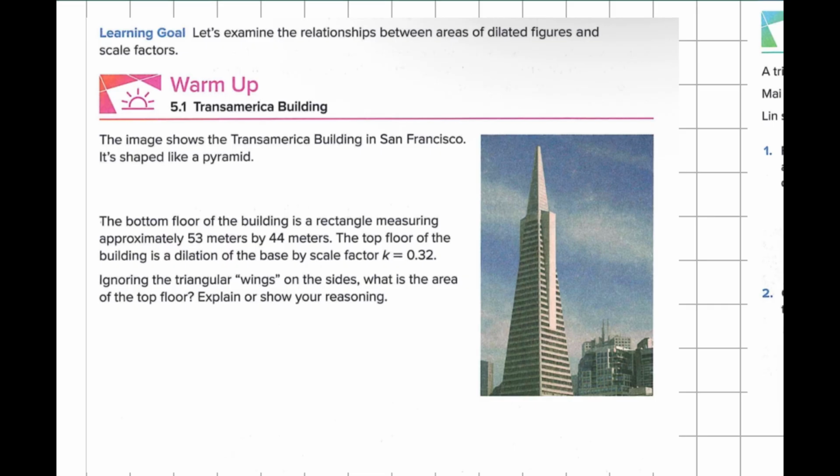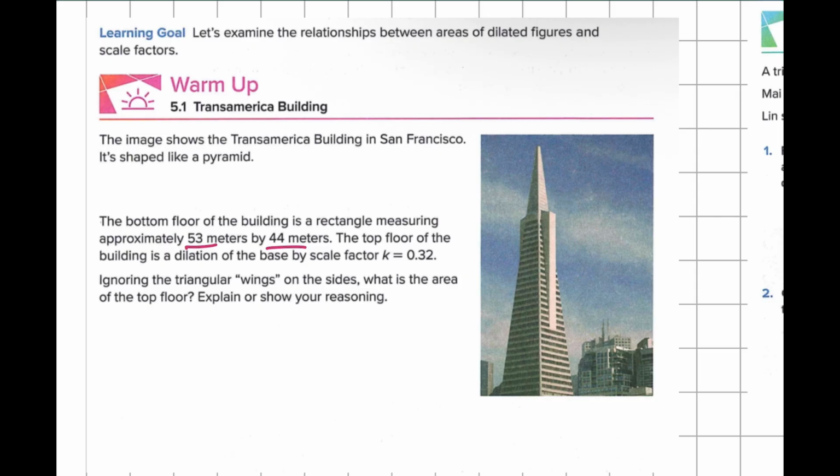The image shows that the Transamerica building in San Francisco is shaped like a pyramid. Now, it has some wings on there and everything, but the basic structure is a pyramid. Looks like a square pyramid. Our rectangle, there we go, 53 by 44 meters.